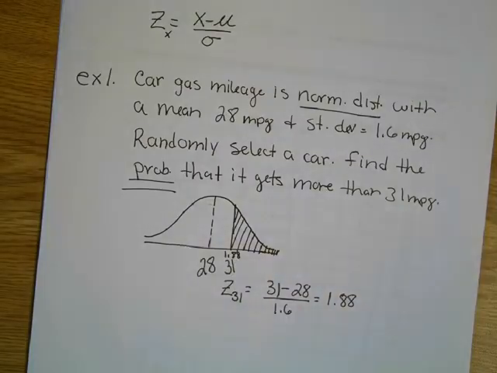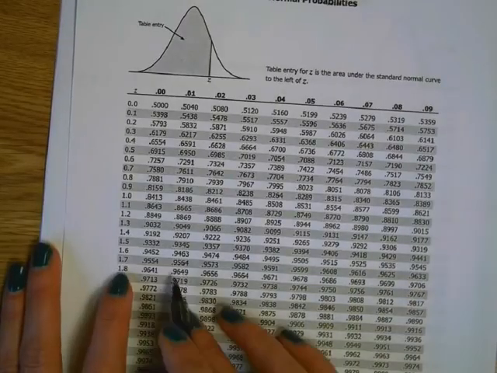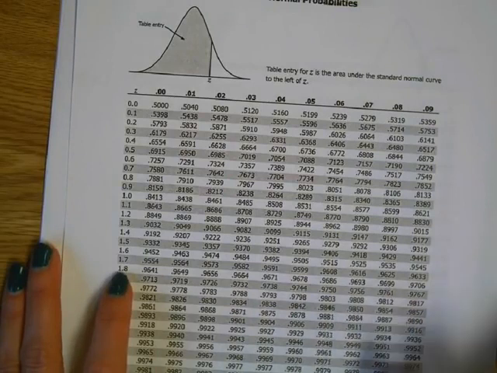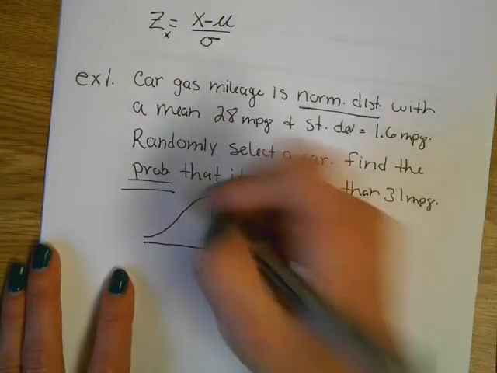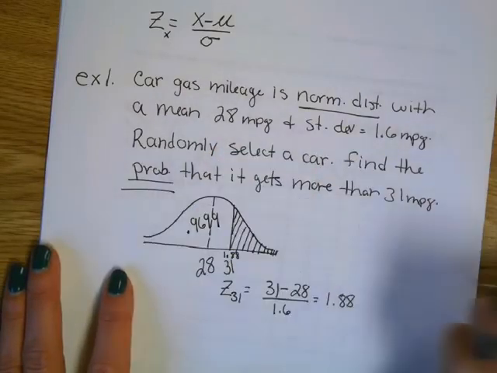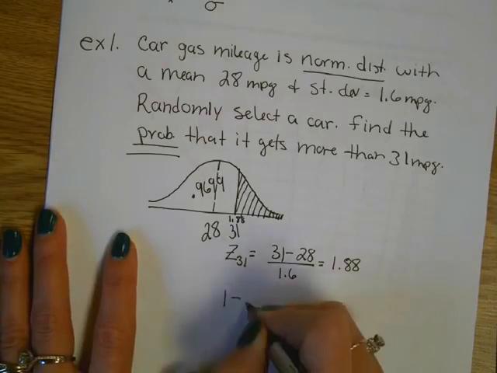So let's write that down. So positive 1.88. So that's 0.9699. But we wanted the area to the right, so how do you get the area to the right? 1 minus.